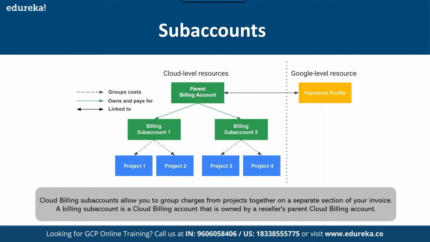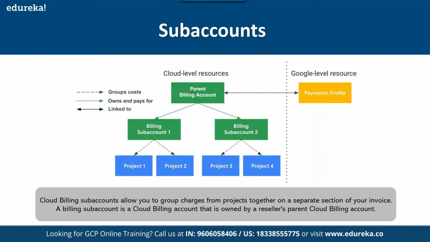At the same time, sometimes you take the services from a reseller, like I'm providing this as a service as well. If I'm providing this as a service, then I can create a different billing sub account for different organizations if I'm selling something as a service. That's a sub account. Clear?